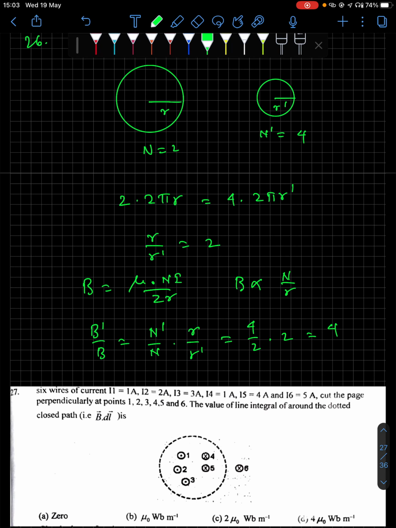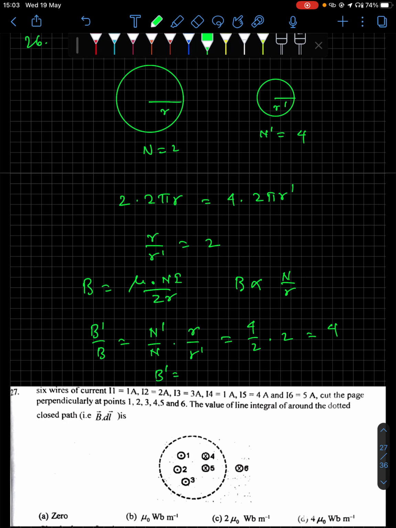So the new magnetic field will be 4 by 2 into r by r prime, which is 2. So what you get is 4, right?